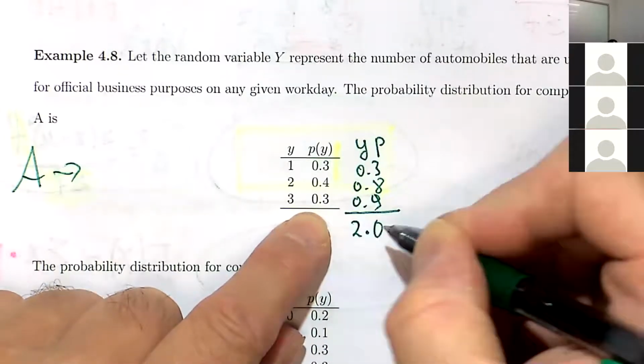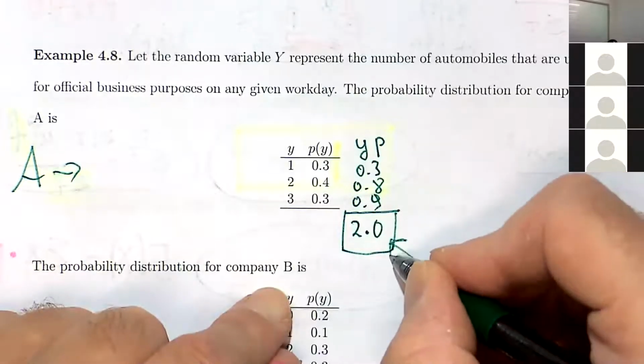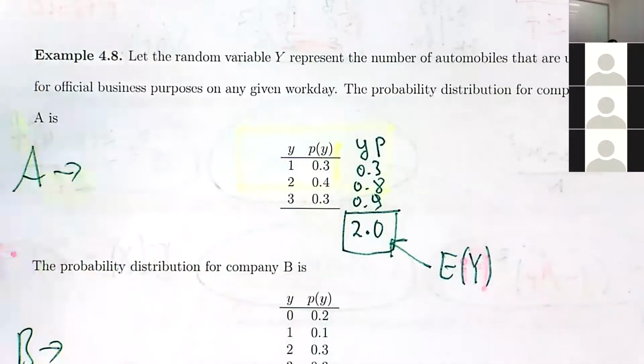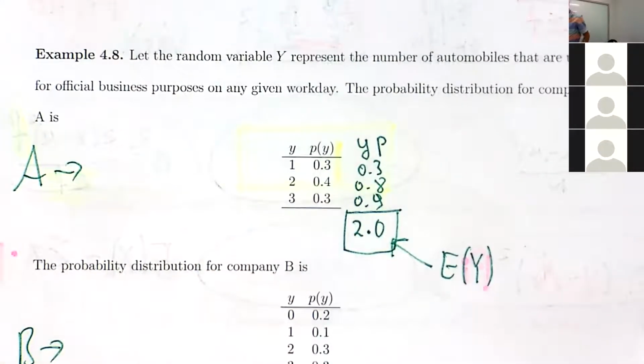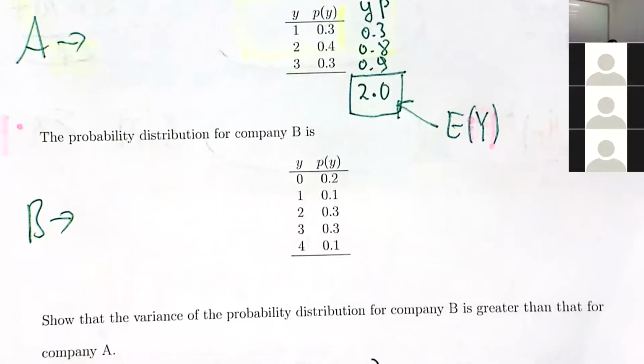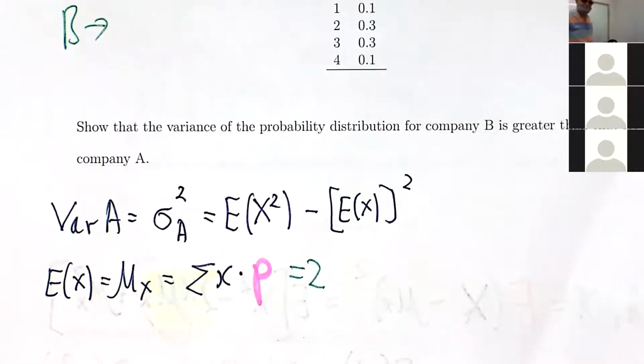So when we add up these values, what we're going to get is nothing else but the expected value of this random variable, which is 2. So this is really easy. Expected value is 2. And now we need to evaluate the second bit, and that is expected value of the x squared. Any questions so far?